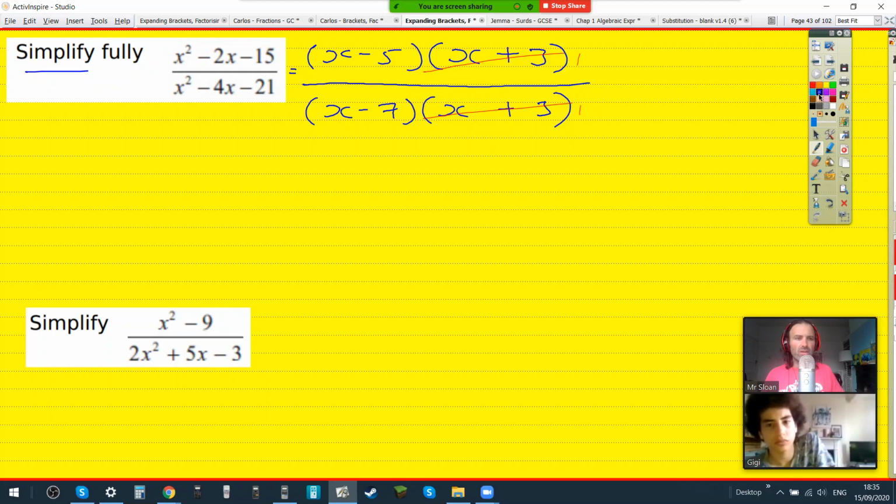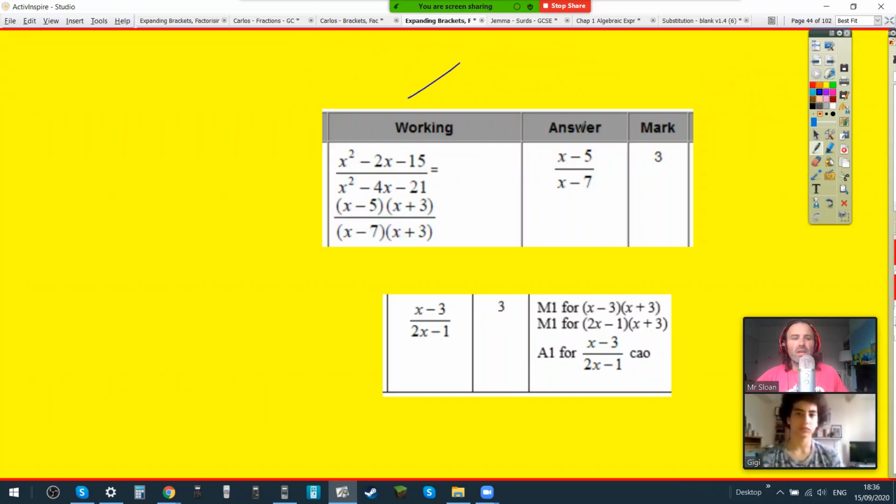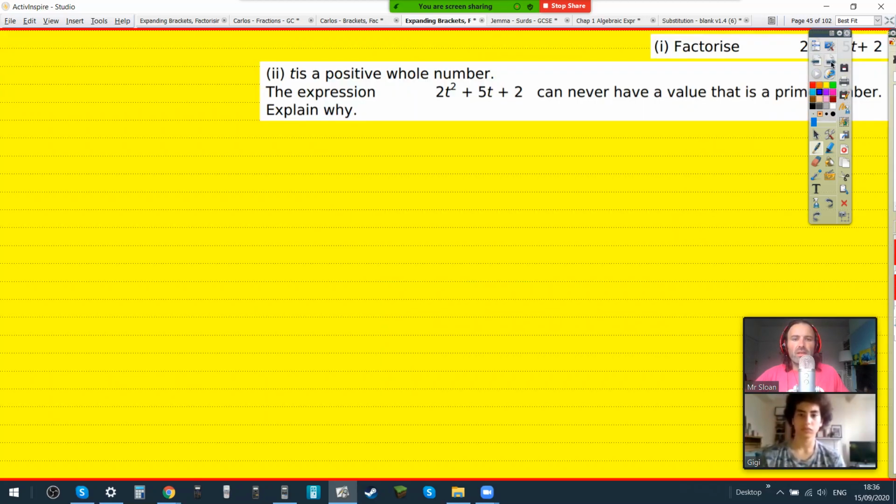So what do you get? X minus 5 over x minus 7. Well done. That's it. They have a minus or plus between them, so they can't simplify, but these both have times, and so it's a mix of times and divide. 3 marks.